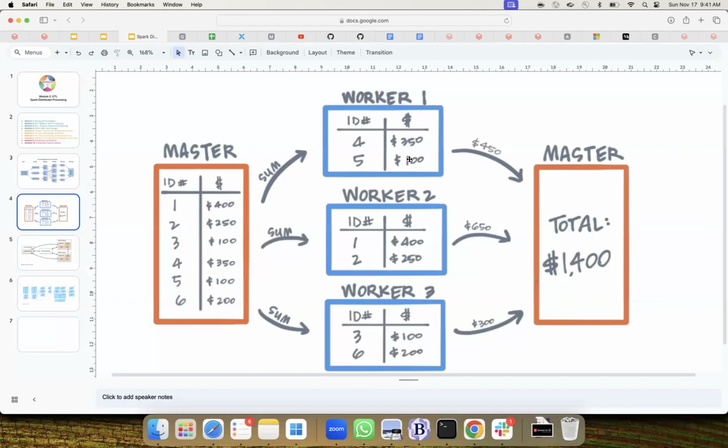My sum is 450. Worker 2 will say, the data I hold, the sum is 650. The data I hold, the sum is 300. Now the master will take and sum all of this. So that is 1400.